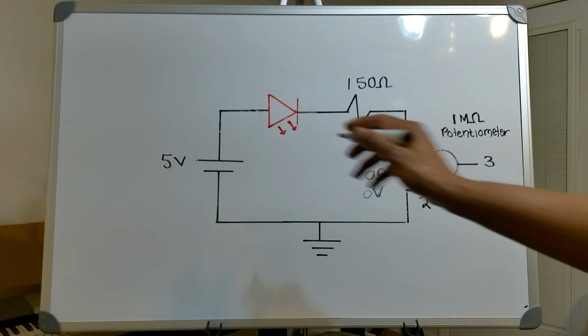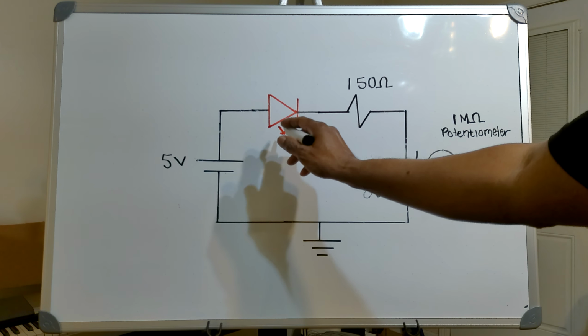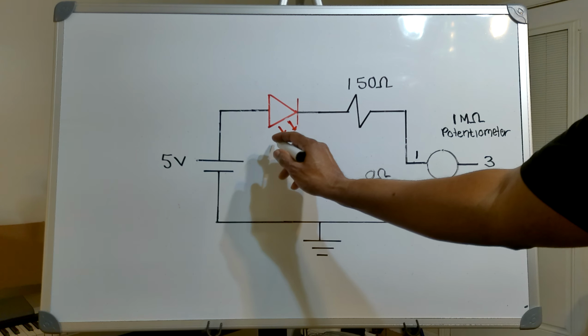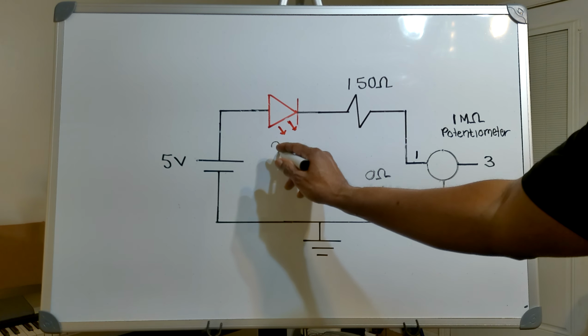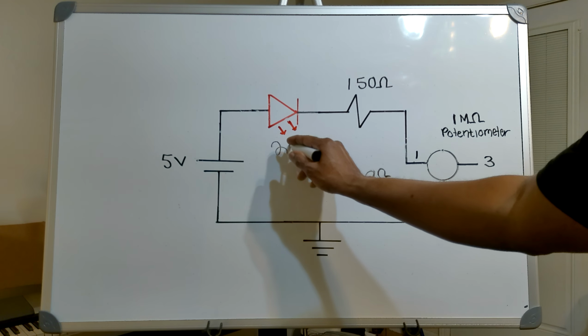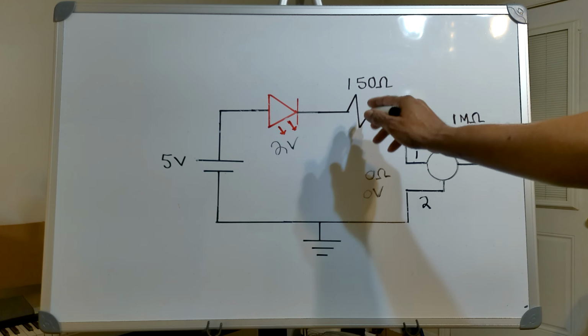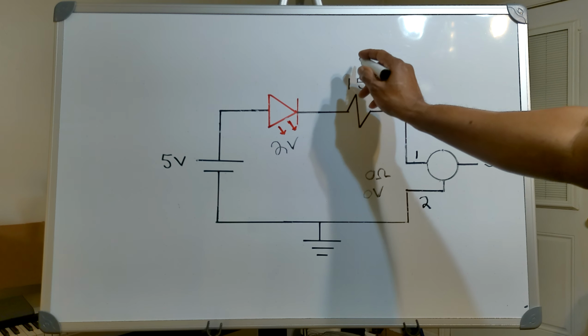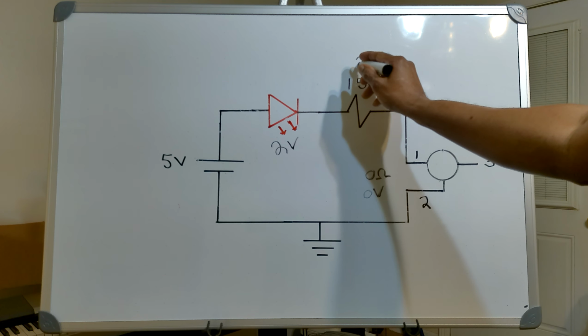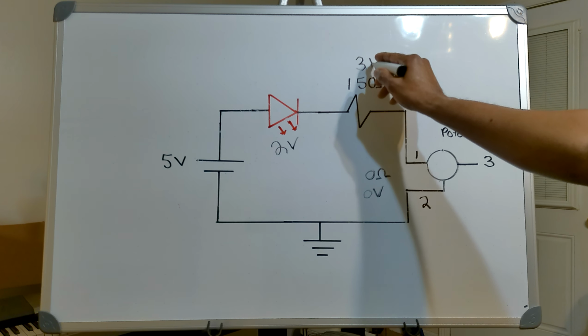That means I'm going to have a voltage across my LED of about 2 volts and a voltage across my resistor of about 3 volts.